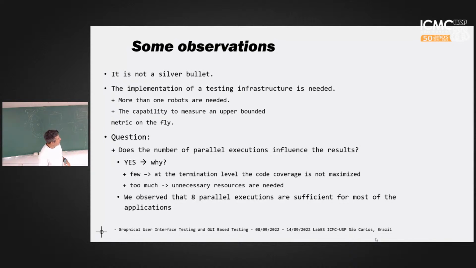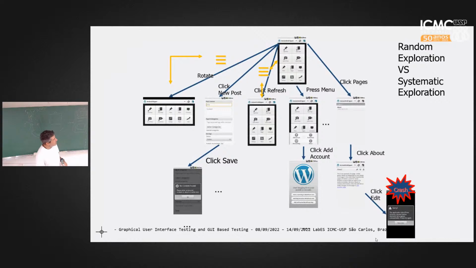Okay? Now, do you remember this exploration? Okay, now, yesterday we observed that I have different parameters. I can go in breadth, I can go in depth, and now I can go in random. Okay? Now I add random.